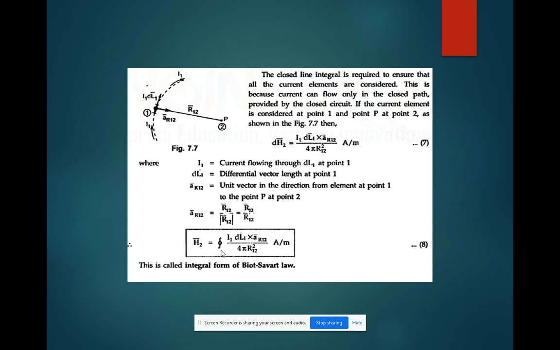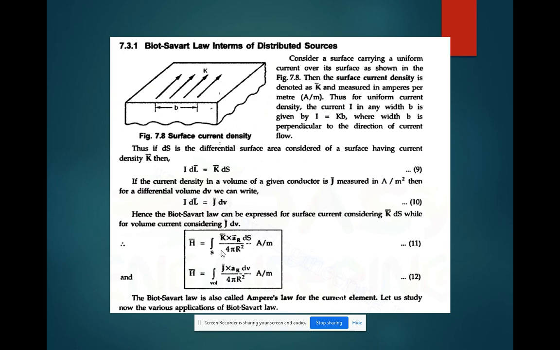If you want to find the Biot-Savart law on the plane, you consider the line integral for it. If you want to apply this same law for surfaces as well as volumes, then you replace the current element I dl by K vector dot dS vector in the case of surface area.